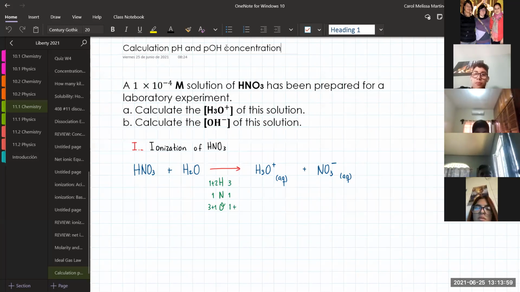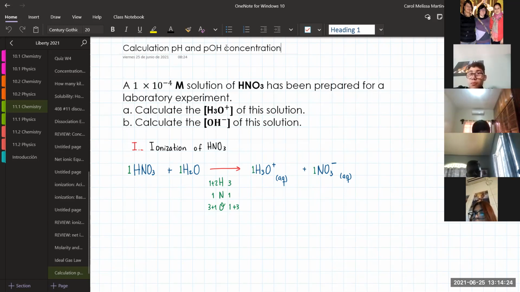So in the end, the equation is already balanced. Because it is already balanced and you don't see any coefficient, the coefficient is an invisible 1. So it's 1 here, 1 there, 1 here, and 1 there.